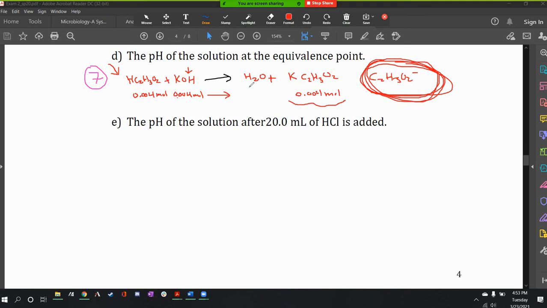Okay. So to find the pH at the equivalence point of this solution, without spending too much time thinking about it, I think you'd have to do an ice table based on the Kb value of acetic acid, which you would find from the Ka value of acetic acid, which is in your textbook. Then you do an ice table to find the concentration of OH minus that was formed as a result of this conjugate base being present.